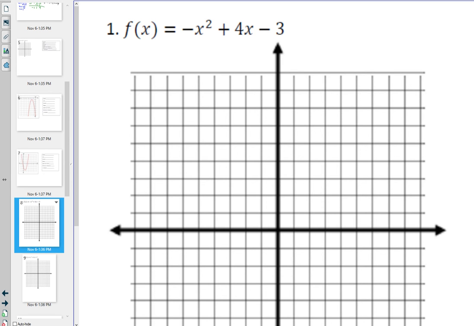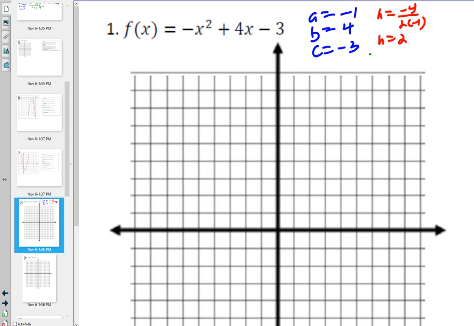Alright, let's just do it anyways. Now this one is only the graph. The rest of these are only going to be the graph. So A, B, C: A is negative 1, B is 4, C is negative 3. So let's find H. H is going to be negative 4 over 2 times negative 1, which is 4 over negative 2, which is 2.